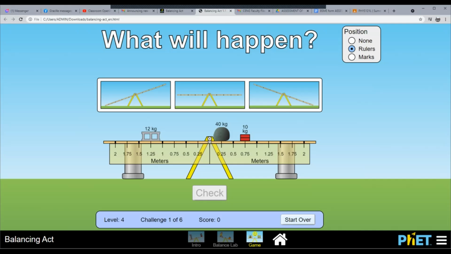What will happen to this one? Is this the first, second, or the third condition? Third condition po. Third? Ito ba? Opo. Let's check.